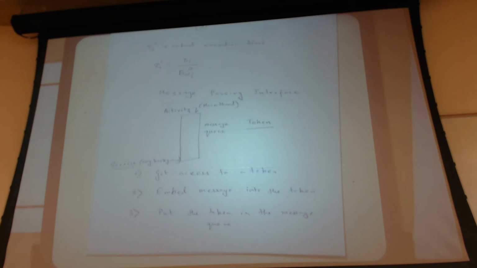It pops out a token, reads the message, does whatever it has to do to serve that message, and comes back to the message queue. If the message queue is empty, it continues executing what it was doing. So that is the message passing interface, and you do it using handlers.